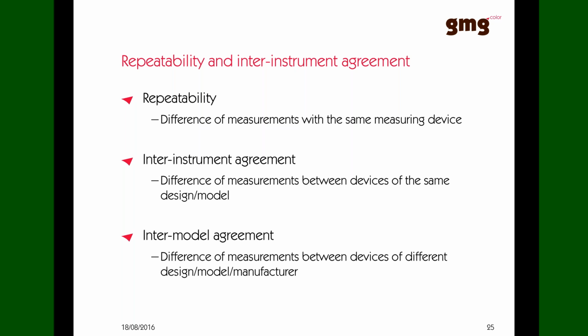So how close is it to their master device? And then there's also the intermodal agreement. The intermodal agreement defines basically the difference of measurements between devices of, for example, different manufacturers or of different design or different model. We will talk about a few of those now in the next slides.